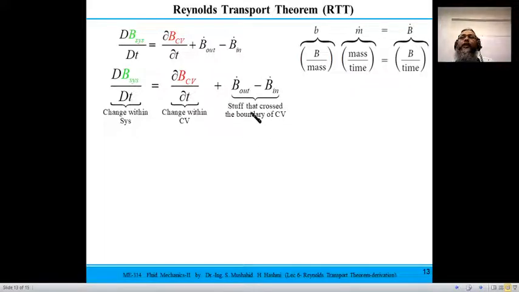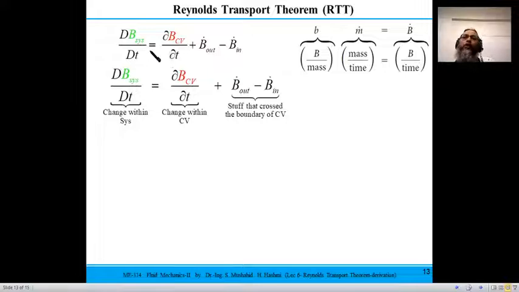So this is actually the net flux of that extensive quantity taking place with this control volume. The right hand side is a control volume thing and this is a control mass thing, and this equation represents the link between the control mass and control volume.